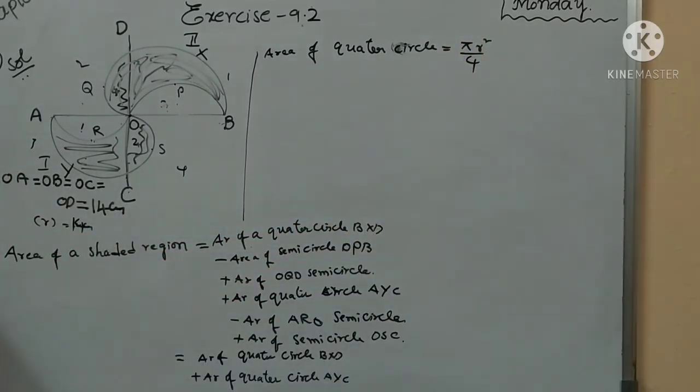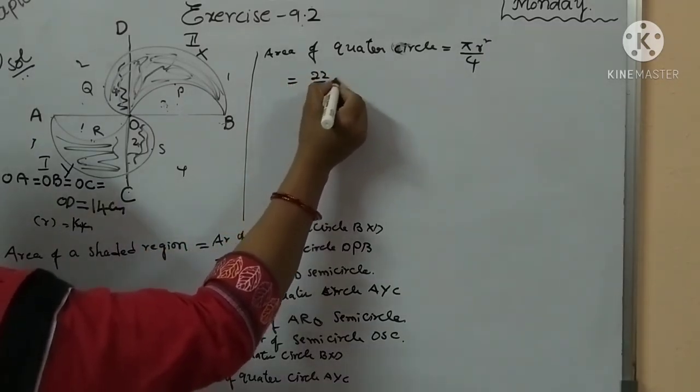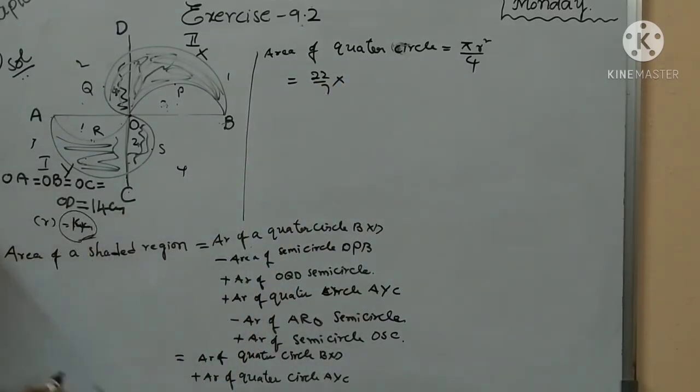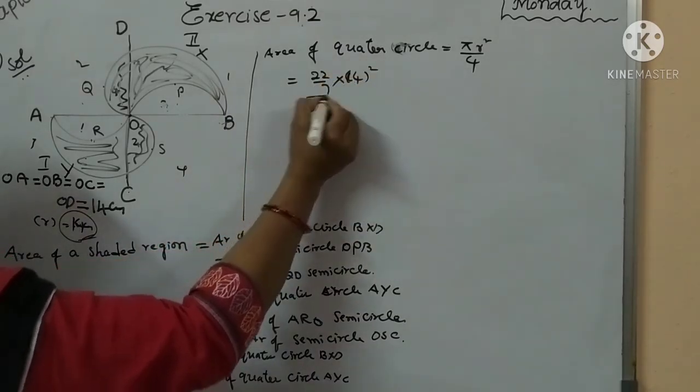Pi is 22 by 7 into r square. We know r is 14, so 14 whole square by 4.